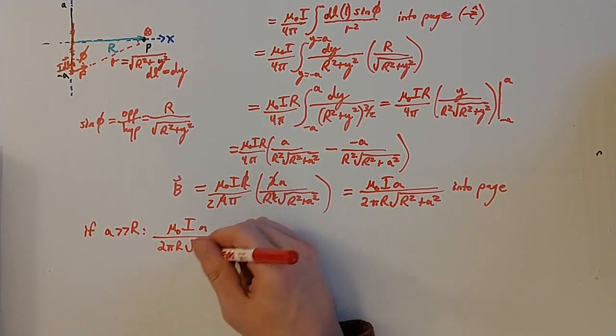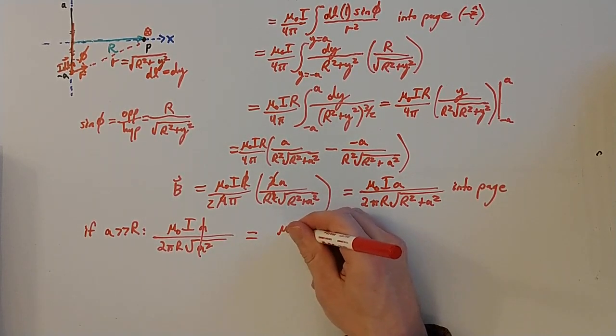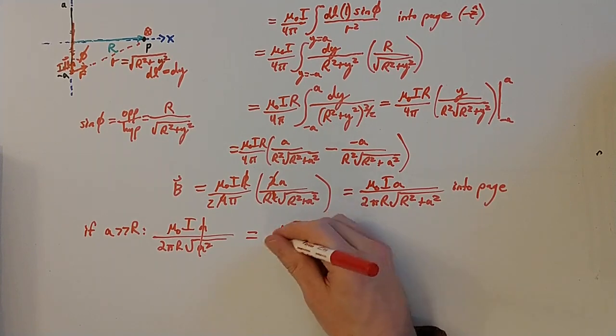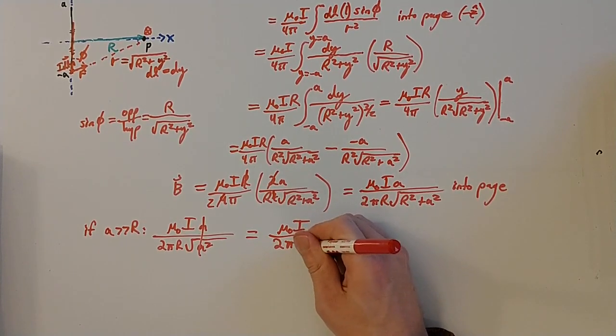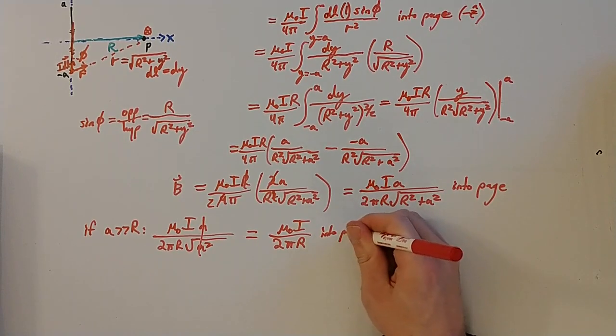And the square root of A squared is just A, which is going to cancel with A. And we're left with mu naught times I over 2 pi R, and still into the page.